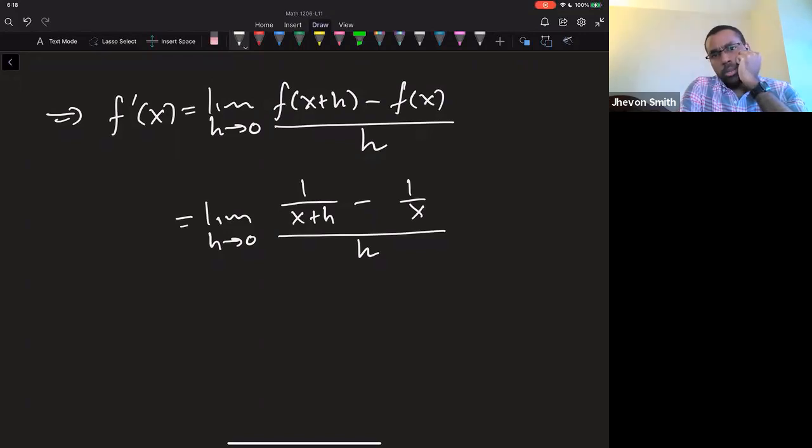1 over x plus h times x. What do you mean? Quickest way to simplify a complex fraction.